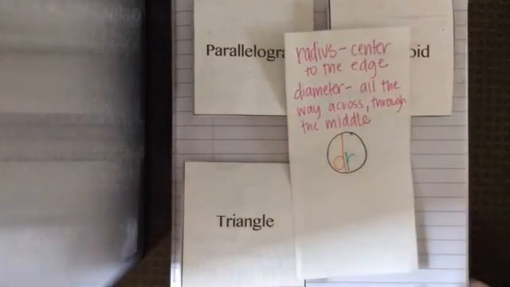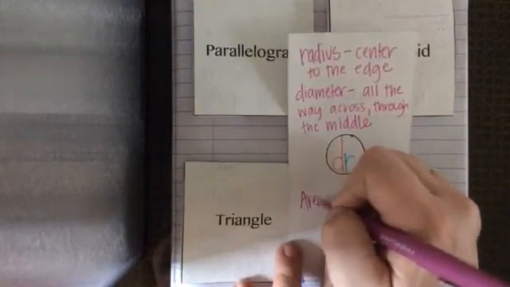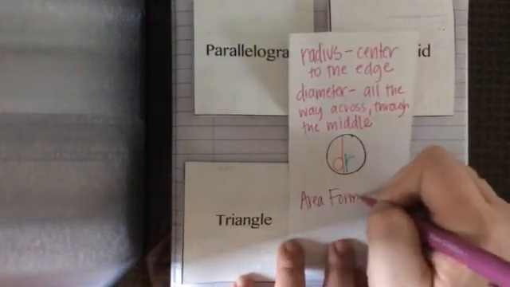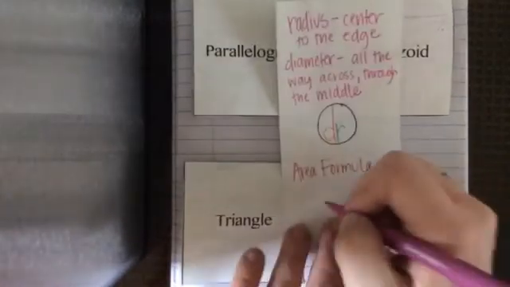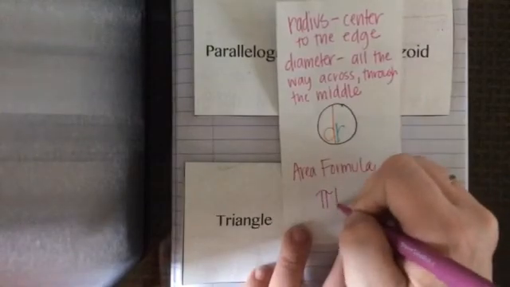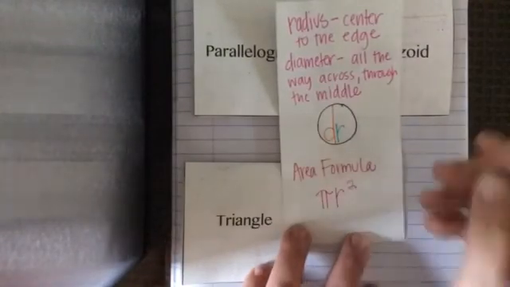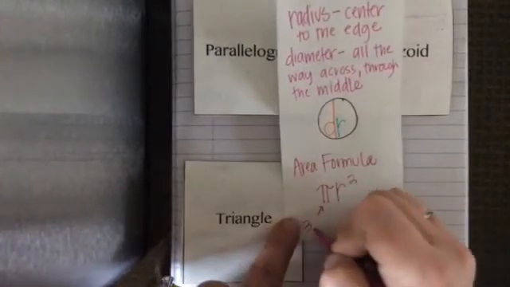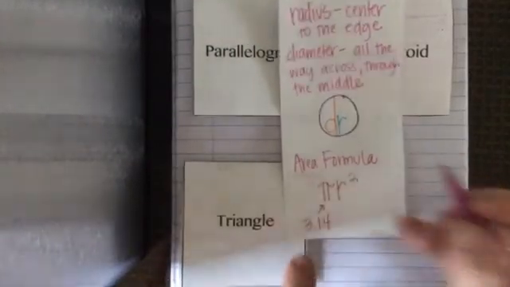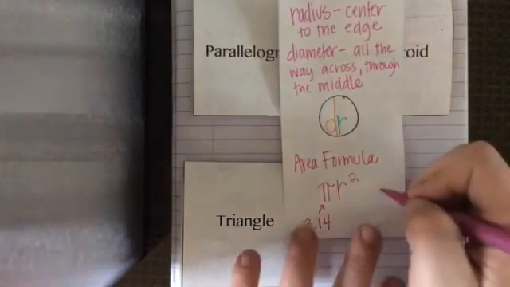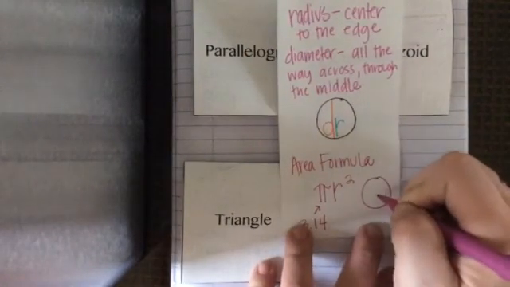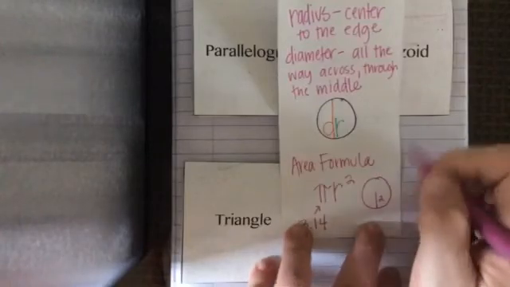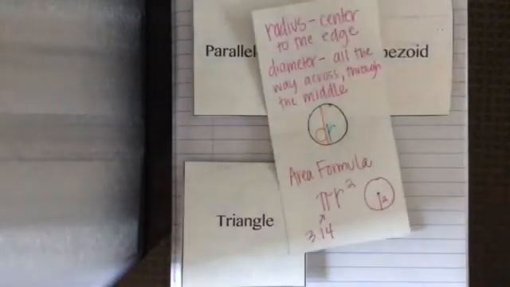The area formula for a circle is pi r squared. We use 3.14 for pi. So if I have a circle and my radius is 2, right?